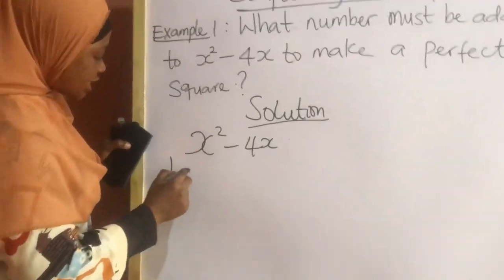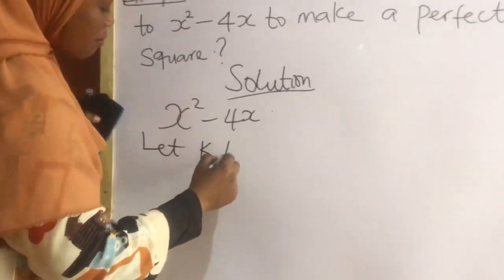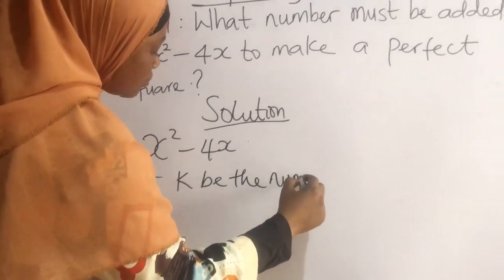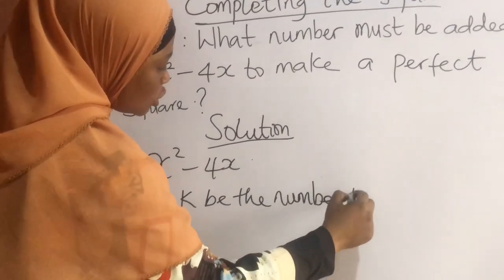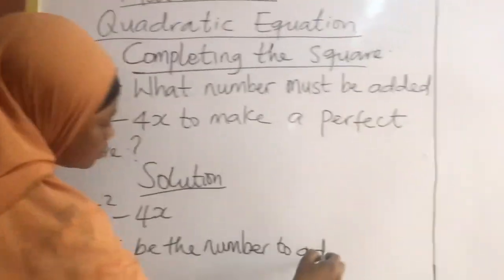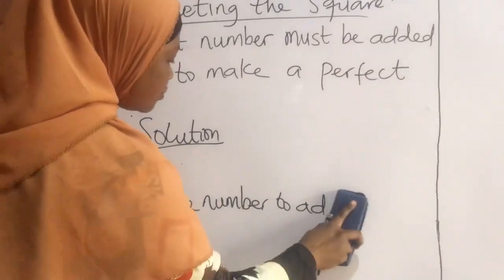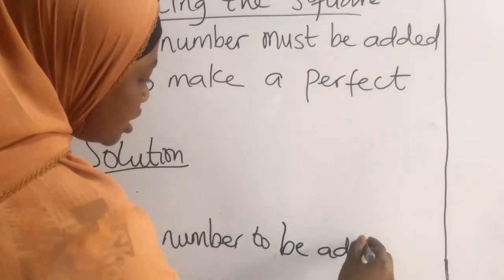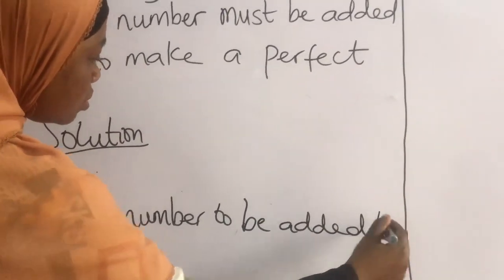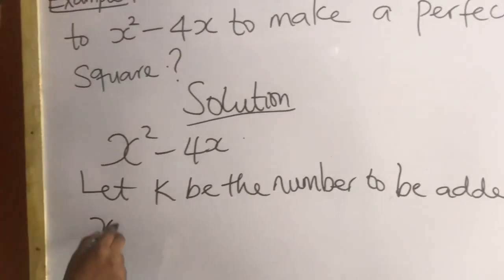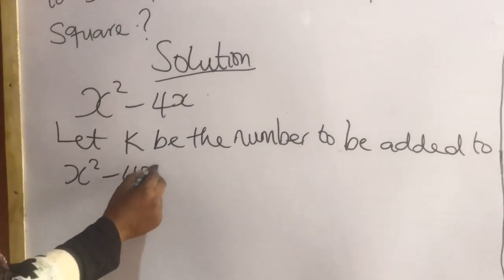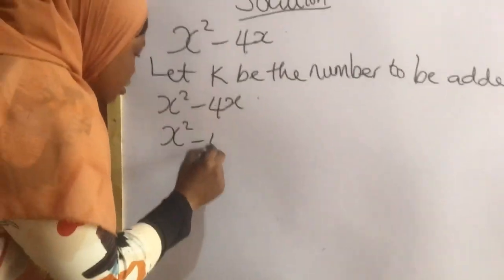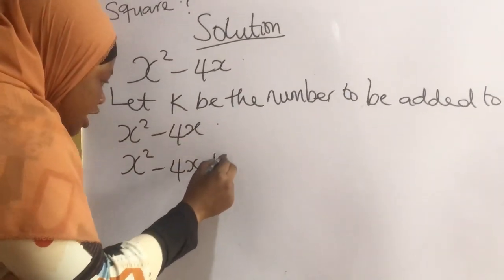So let k be the number to be added to x squared minus 4x. So we have x squared minus 4x plus k.